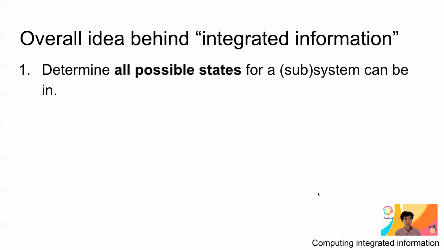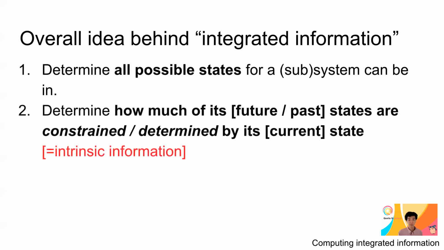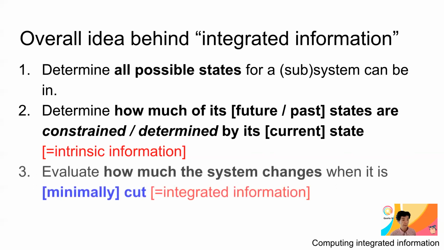First, we need to determine all the possible states for a subsystem, and then how much of this system's states can be constrained or determined by its current state. That's the intrinsic information part. Then finally, evaluate how much the system changes when it is minimally cut. That allows us to estimate integrated information, the irreducibility of the system.